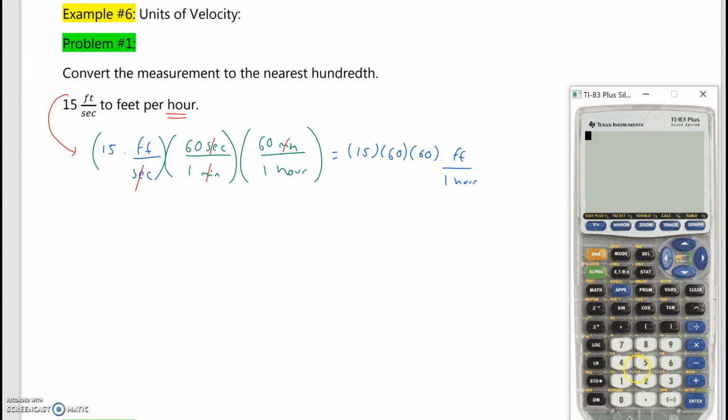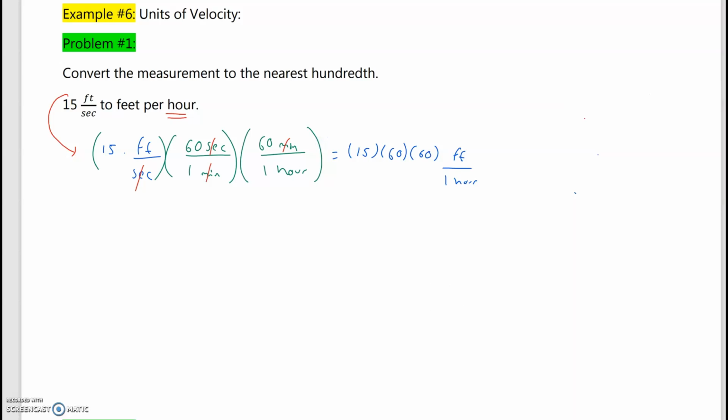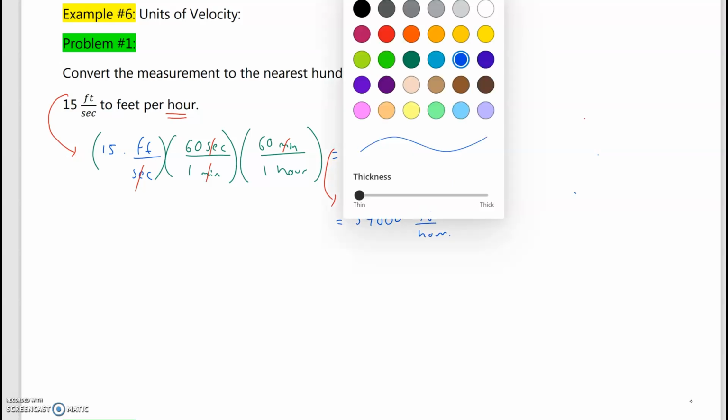For this one, we're going to be multiplying 15 times 60 times 60, which is going to give us 54,000. So it's a huge number. In this case, this is equivalent to 54,000 feet per hour.